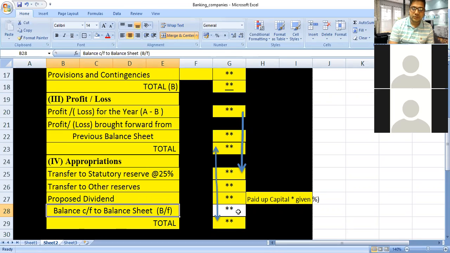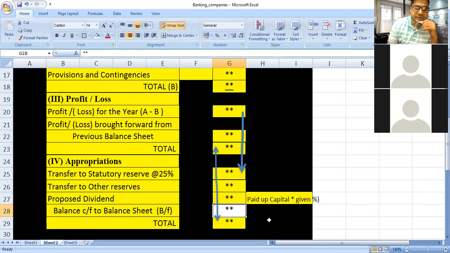So from this total we deduct these three amounts, and the remaining amount we transfer to the balance sheet. Always keep in mind that both totals should be equal. If it is 5 lakh, we keep 5 lakhs here, deduct these three items, and the balancing figure is transferred. These things you should know about.